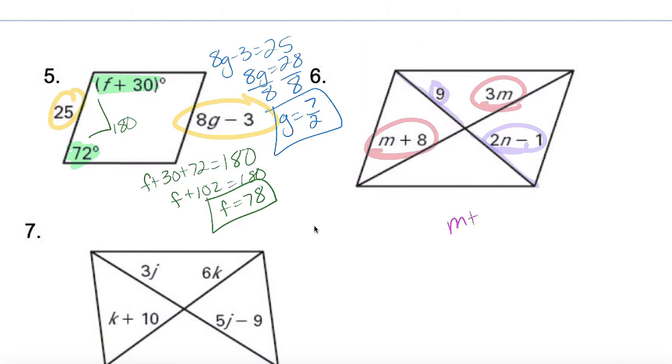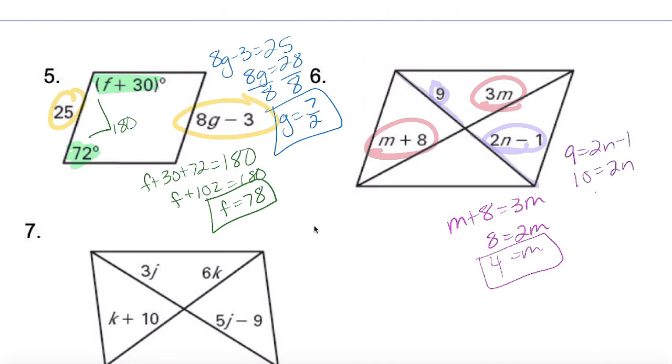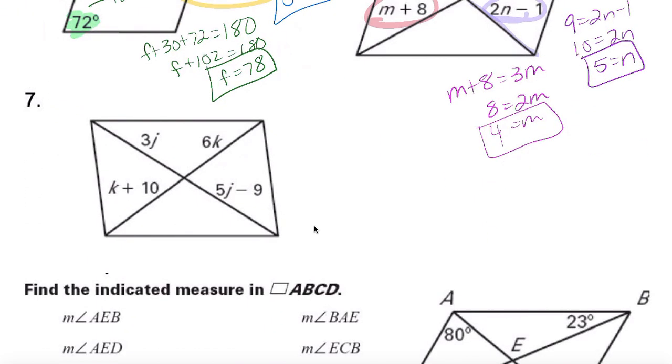So m plus 8 equals 3m, and this will give me 8 equals 2m and m equals 4. And then to solve for the n there, 9 equals 2n minus 1. We're going to add 1, divide by 2, 5 is n.